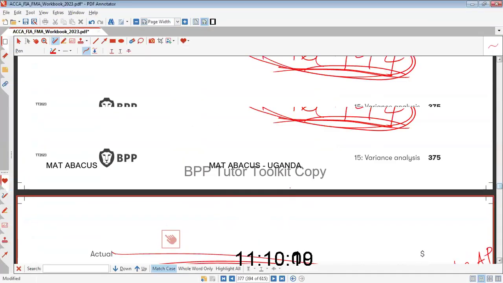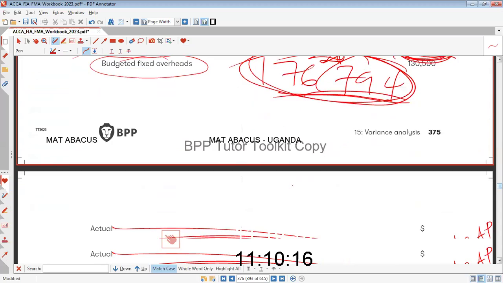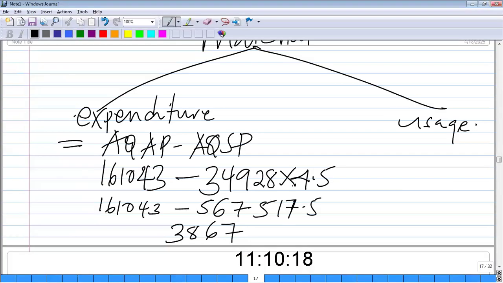Okay, let's just go back. No, because 34,928 times 4.5 is 157,176. What do you get this side? 157,176. Okay, that was what I was querying. It was a huge number.